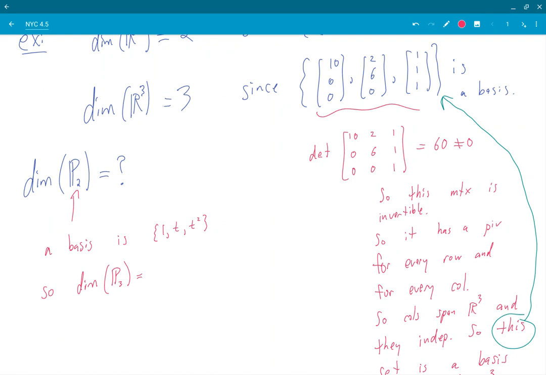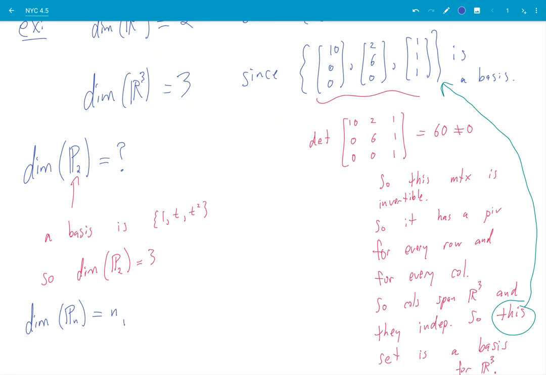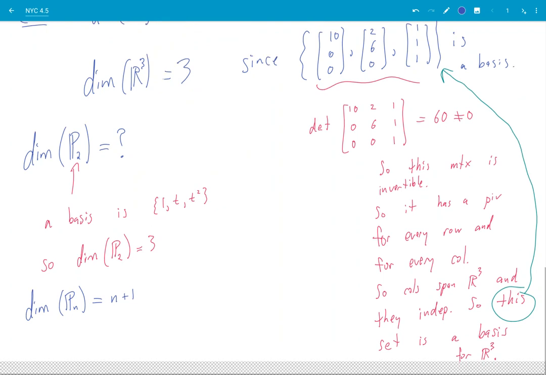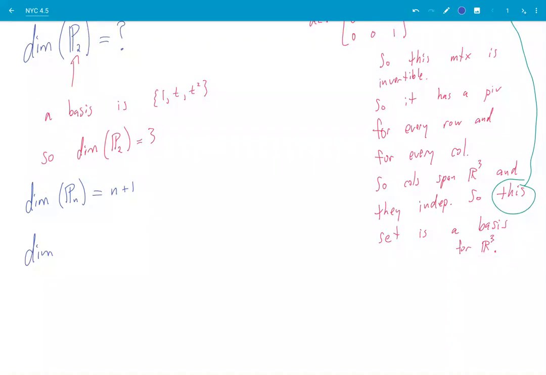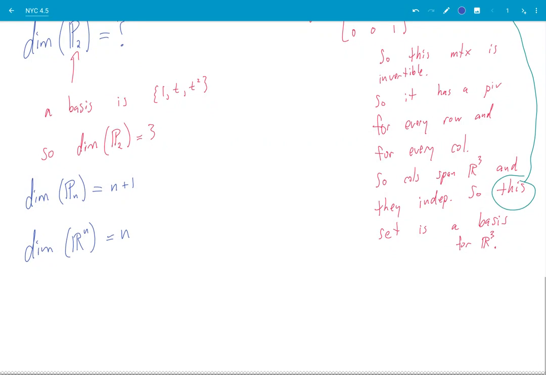So the dimension of P2 is actually 3. So if you think about this in general, if I have Pn, that will be n plus 1. If I have Rn, it will be just n for the dimension.